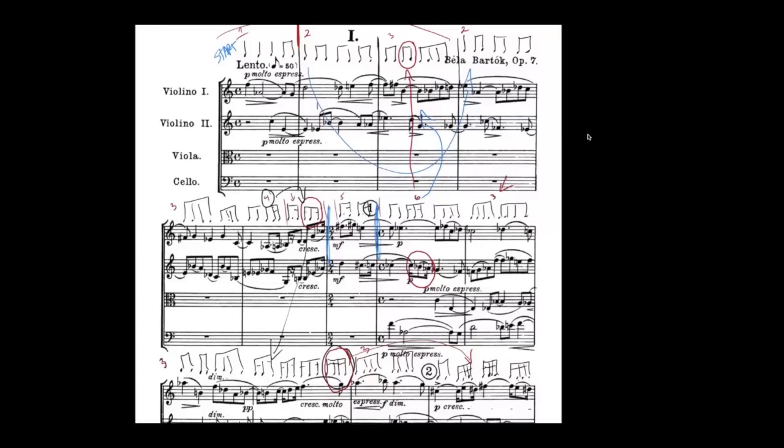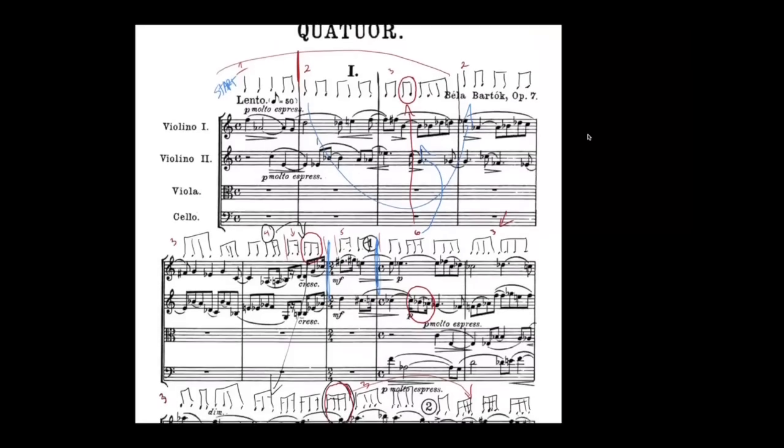Does that make sense? So the idea here is that if you're writing a more modern piece, or even any piece, and you feel like the melody is stagnating, maybe look deeper into your composition and say, well, what am I using at a structural level to help push the piece forward?